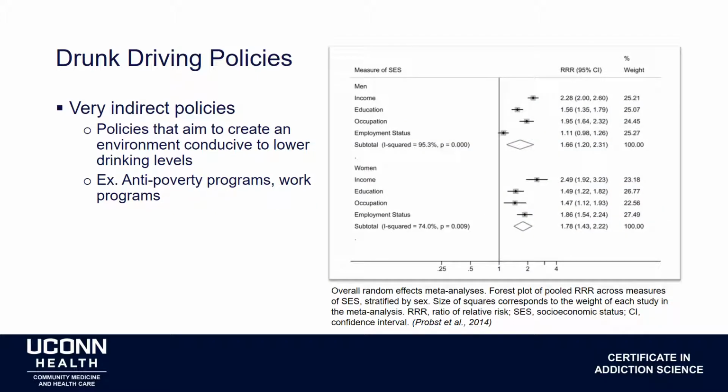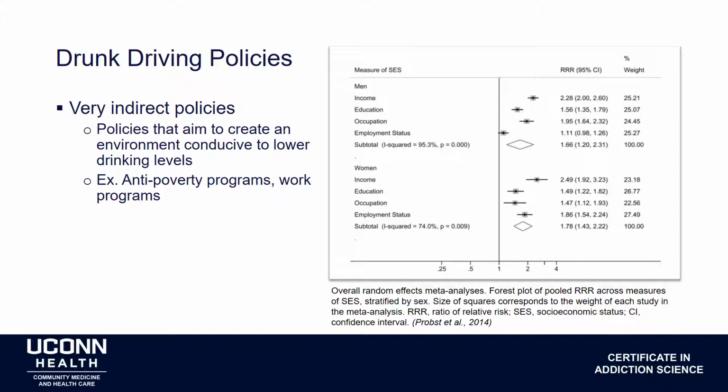And we can even go one step further, even further upstream, with very indirect policies. These are the ones trying to create a positive environment that is conducive to healthy behavioral decisions, so that people are not making poor health behavior decisions and feel comfortable making positive ones. They don't have to worry about other things in their lives, so they feel like they can do this pretty easily.